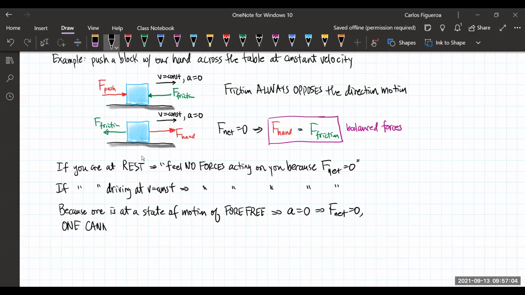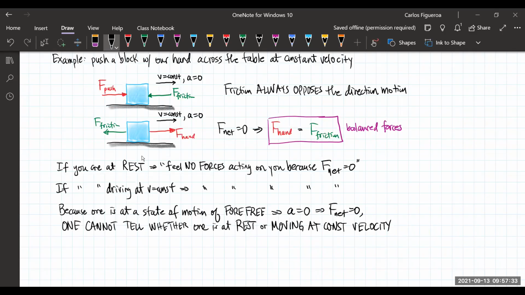cannot tell whether one is at rest or moving at constant velocity. Think about that.